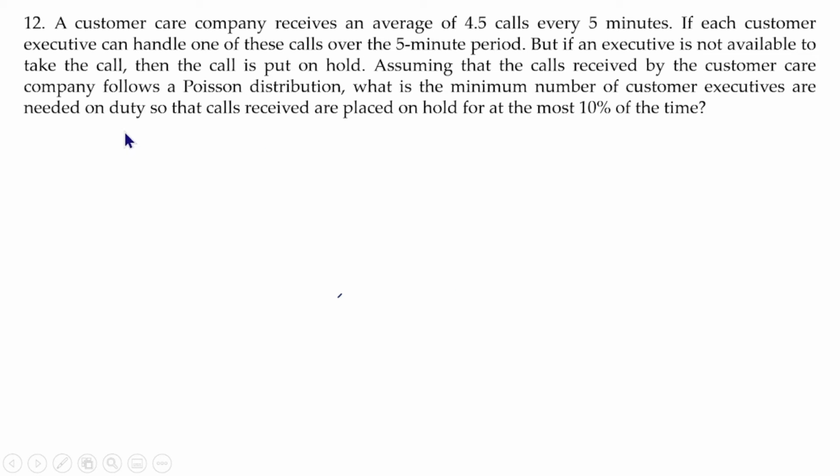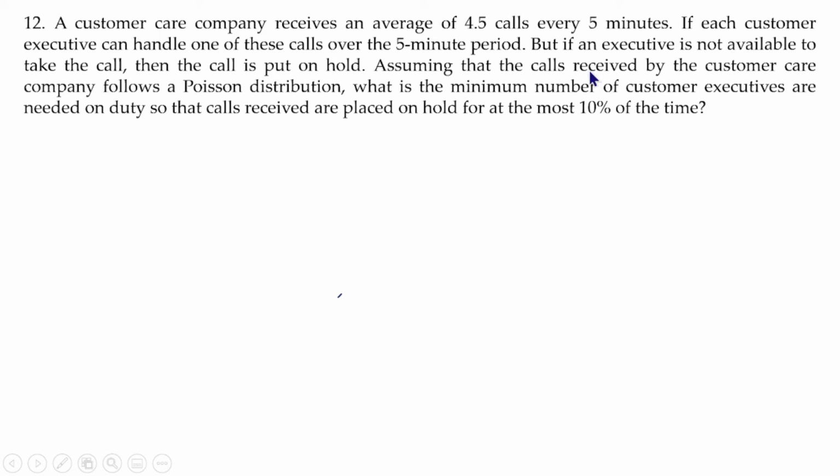The 12th question, it is not difficult, it is slightly lengthy. Anyway, we'll see how to do this. A customer care company receives an average of 4.5 calls every 5 minutes. Each customer executive can handle one of these calls over the 5-minute period, but if an executive is not available to take the call, then the call is put on hold.